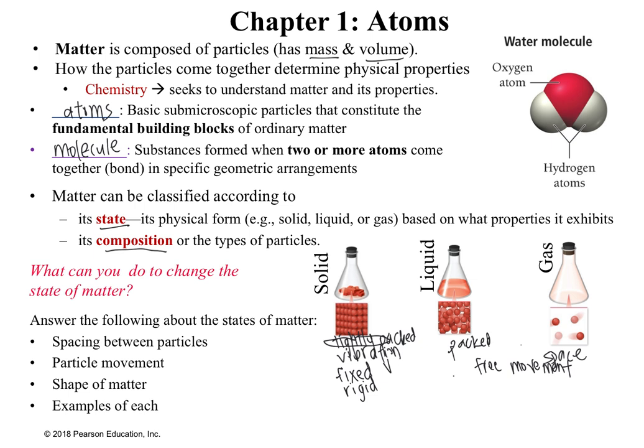Where liquid, it will also have a fixed volume, right? 100 milliliters is 100 milliliters, but it takes the shape of the container. So it's not rigid. And gas, it has a compressible volume, so it can expand and compress. And it also takes the shape of the container because it can move around.